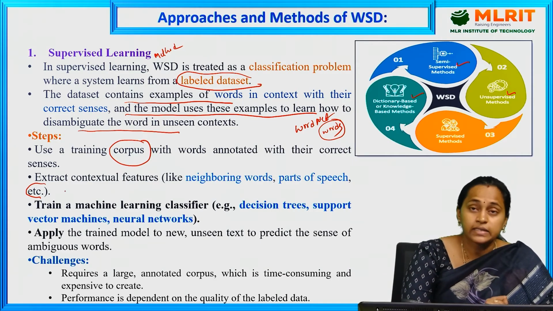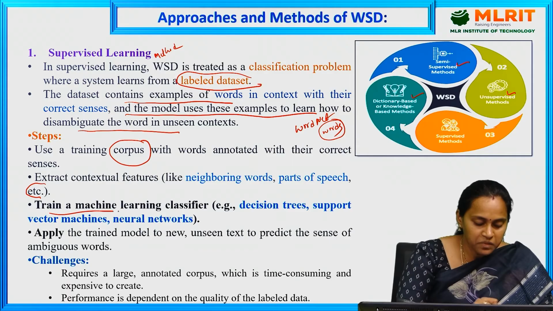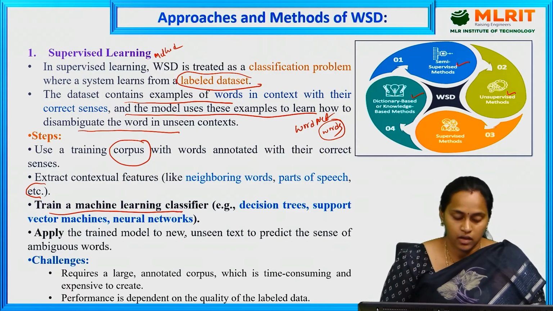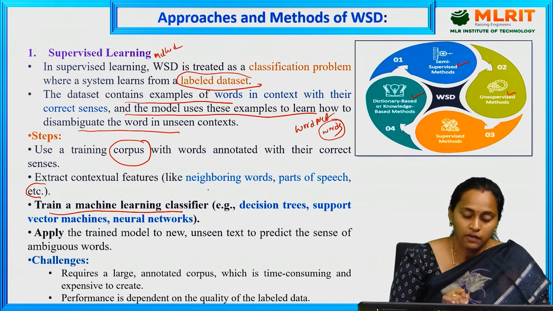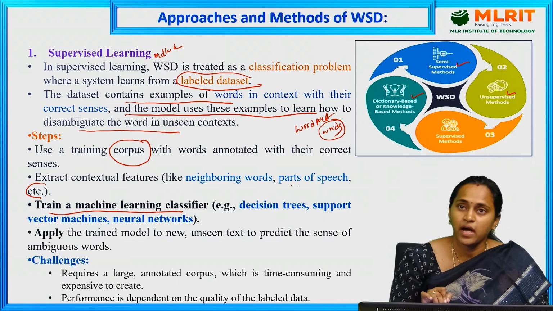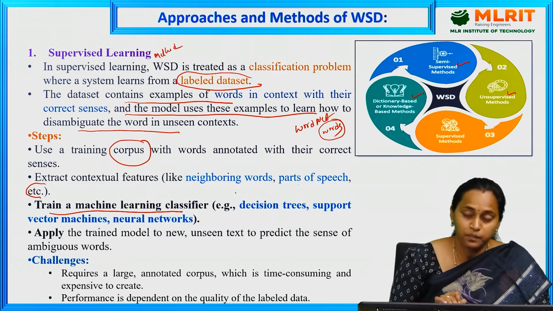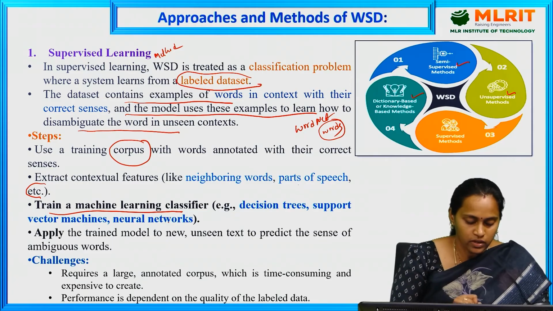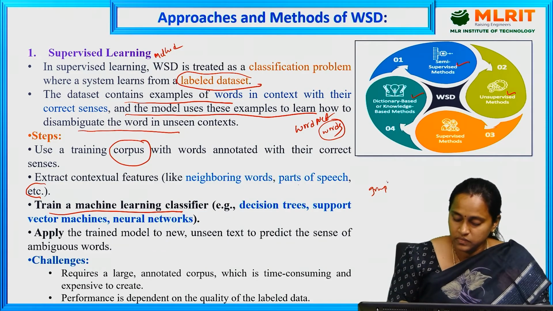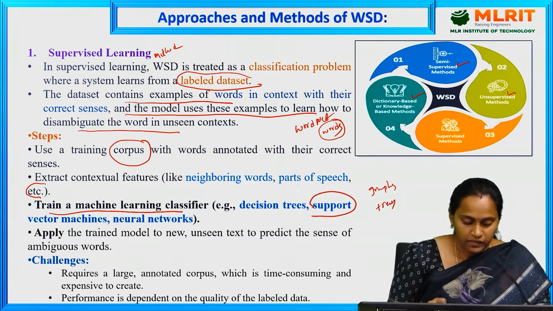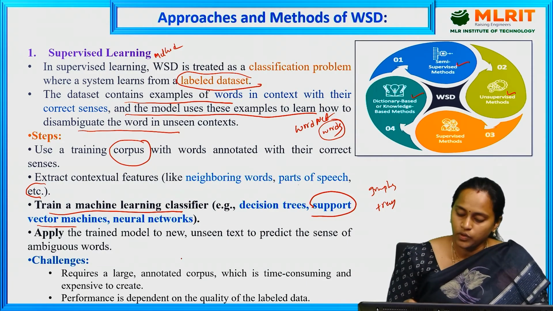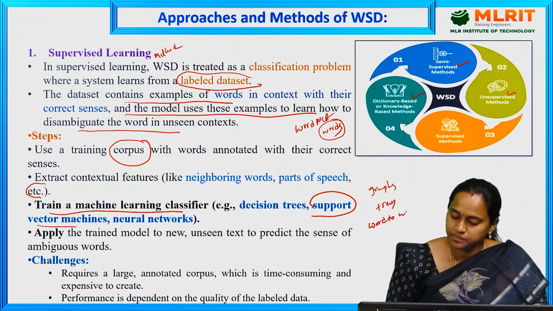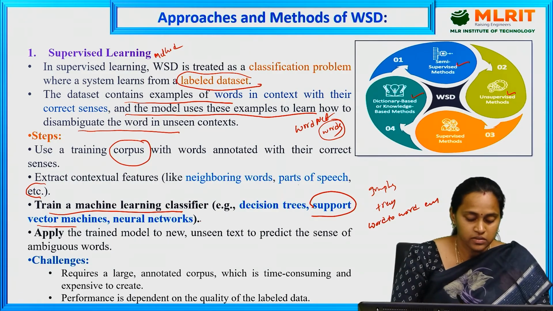After extracting the contextual features, next train a machine learning classifier. That means after collecting the data, pre-processing is done. We find the words, then the parts of speech, then graphs, structured data and trees, using support vector machines, TF-IDF, bag of words, word embeddings and neural networks.